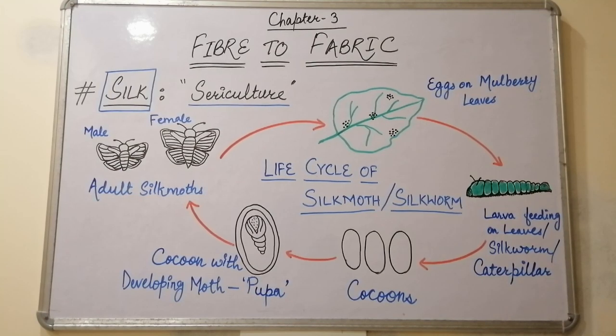After 25 to 30 days, this caterpillar starts secreting the silk fibers, and the spun cocoons are immersed in hot water after some time.